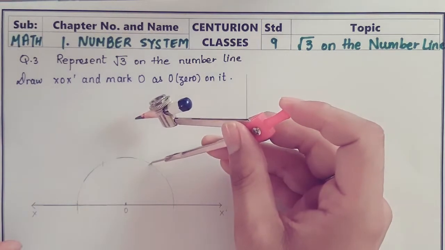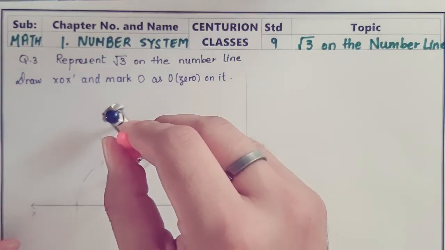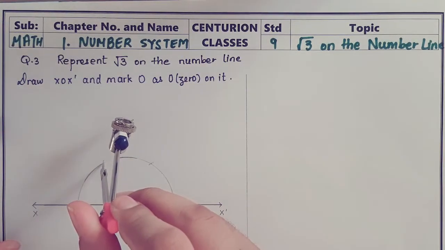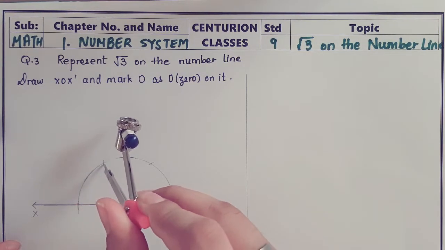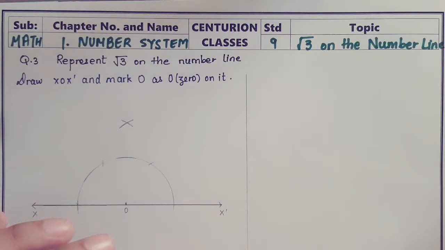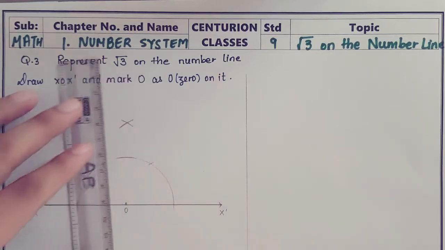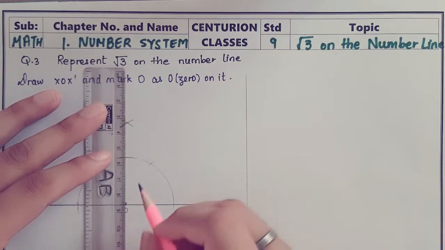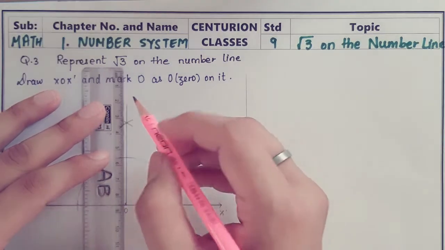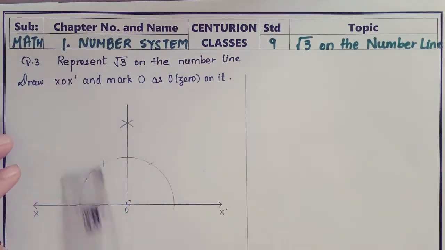If we make a bisector over here also, then we can construct a perpendicular bisector. This is 90 degree.